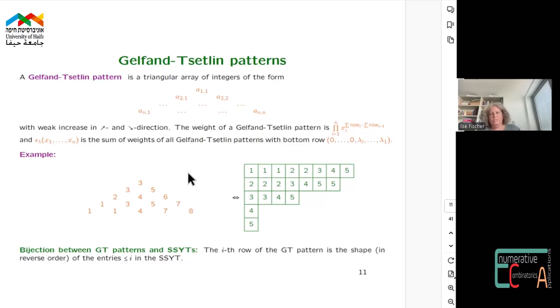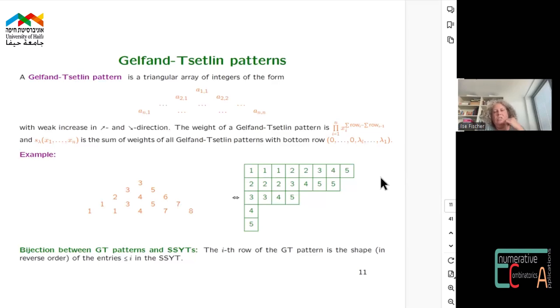That's very simple. And then we have a weight associated to a Gelfand-Tsetlin pattern. This is the weight here. It's a weight which has n variables, and the exponent of x_i is the following: you sum the elements in row i and you subtract the elements in row i minus 1. That's the weight.